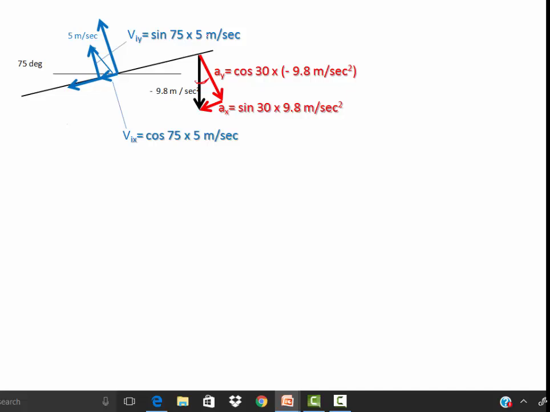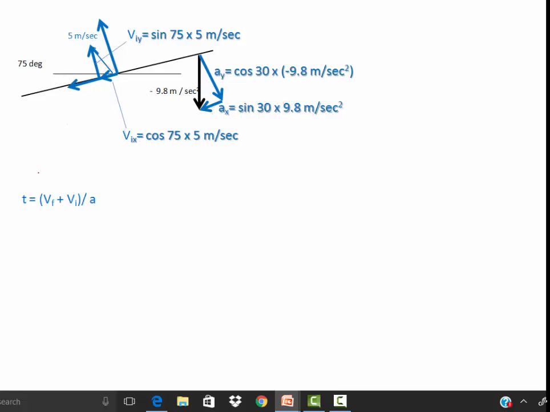So we can use the same acceleration equations we had before, since we're along the same incline. So we'll just change this to blue, but the only thing that would change would be that the acceleration is no longer a minus, it's a plus, because the acceleration is in the same direction as the direction Joe is throwing the ball.